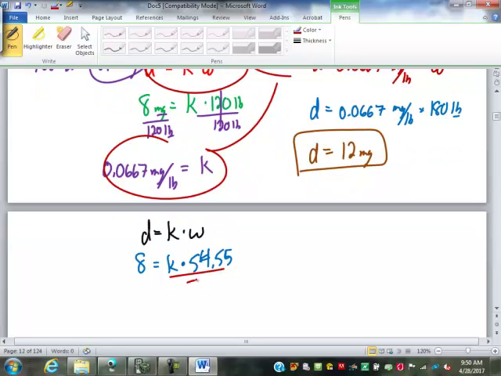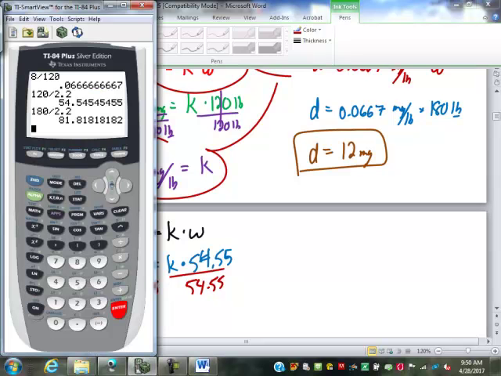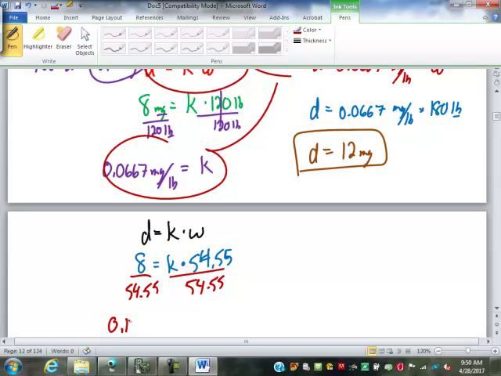I'm running in circles today. So we divide by the 54.55. That gives us 0.14665. That's milligrams per kilogram. It's a constant.